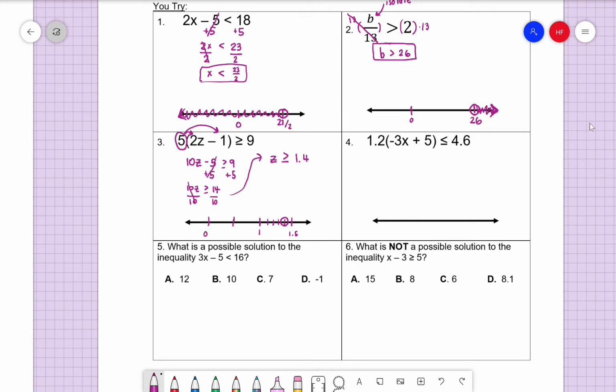There is a line underneath, so that means it's going to be closed. So closed circle right on 1.4, and it is greater than, so everything to the right of our circle. And this was my final answer here.